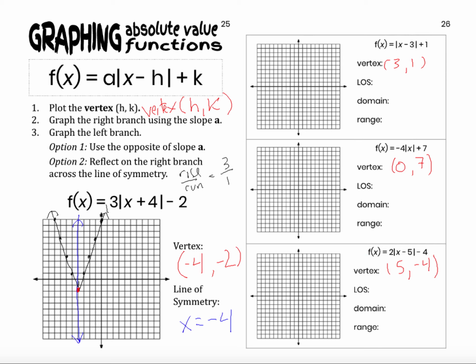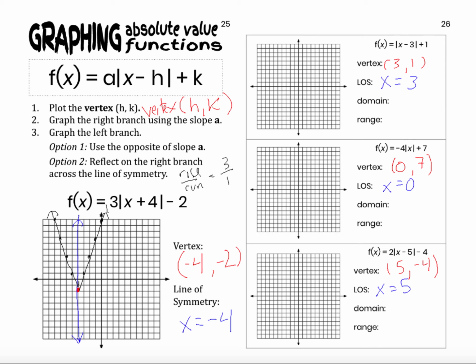We can find the line of symmetry just by writing a line x equals that goes through that x-coordinate of the vertex. And then after we've plotted the vertex, we will use our slope. If there's not a number in front of the absolute value, I would go up 1/1 with a slope of 1. Down 4 over 1, slope of -4, up 2 over 1 for a slope of 2.